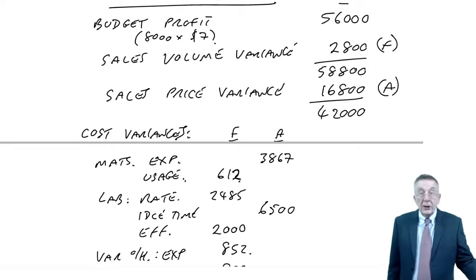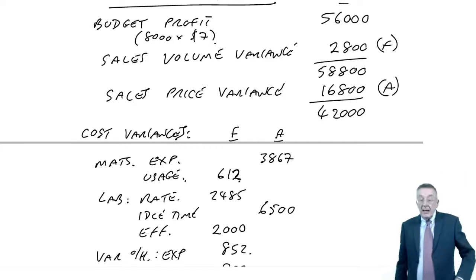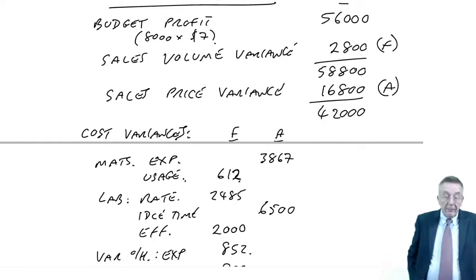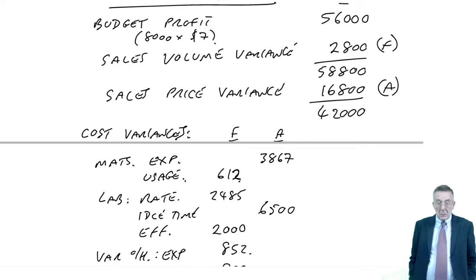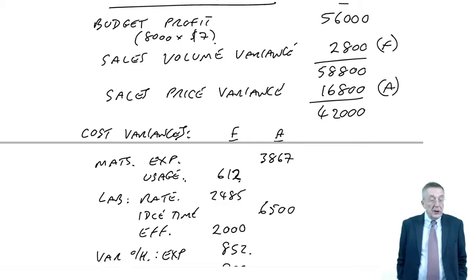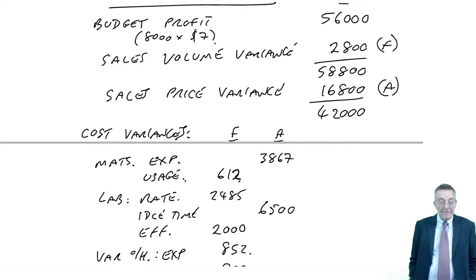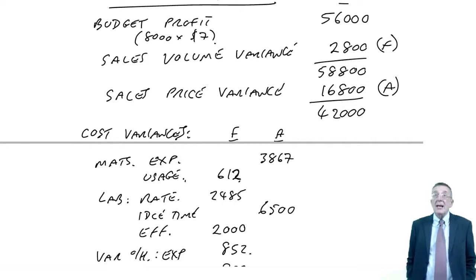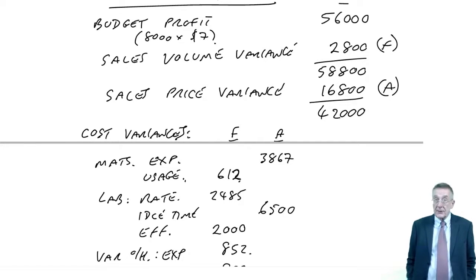All right, unfortunately, or fortunately, depending on which way you look at it, we're not finished yet. Because if you think back to the very beginning, this company was using absorption costing. The cost per unit included an absorption of fixed overheads at $15.